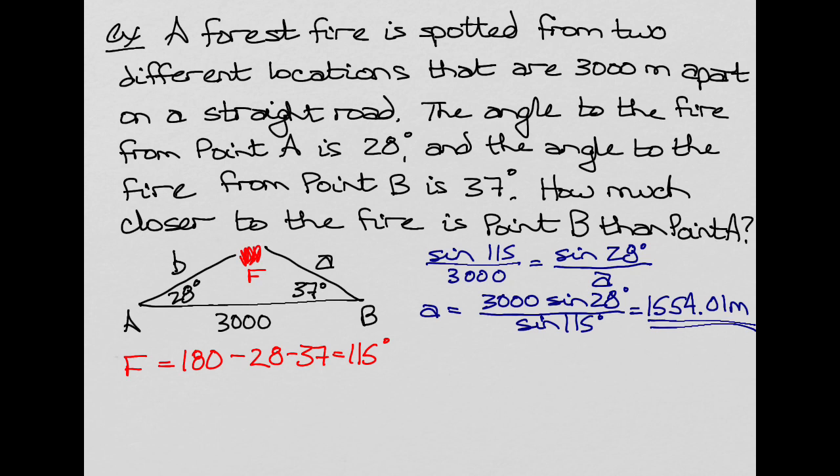Now we need to find side B, which is the distance of A from the fire. And it looks really similar. I have sine 115 over 3,000 again. This time sine 37 degrees over side B. If your calculator has a copy-paste, this is a really good time to put it to work.